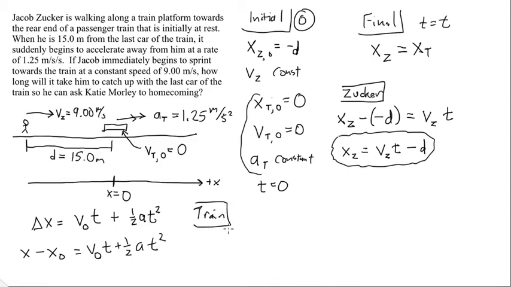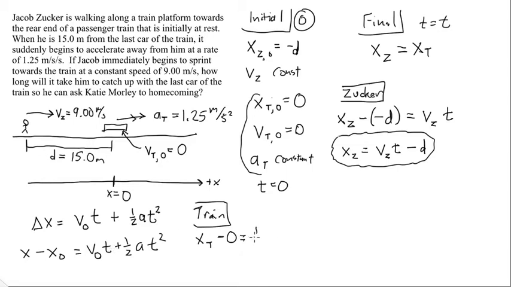Okay, so for the train, what we're going to have now is, let's see, I don't want to do this, I'll do it down here. x for the train minus the train's initial x position, which is 0. So I'm just going to say x_t minus 0 equals, and then the train's initial velocity is 0. So we can ignore this first term for the train.